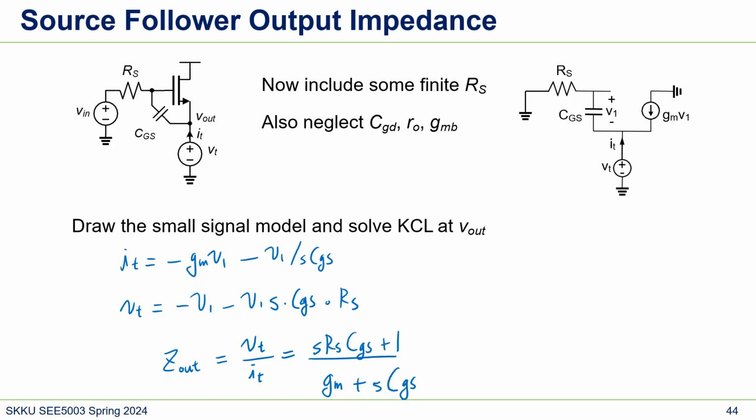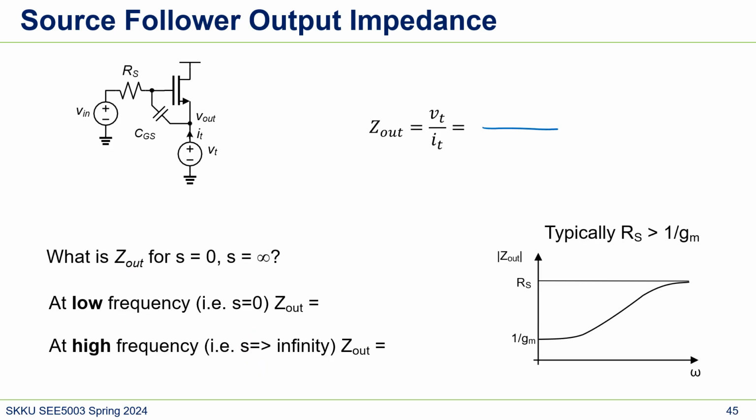And let's see how it looks. From our previous calculation result, it was 1 plus SRS CGS over GM plus SCGS.